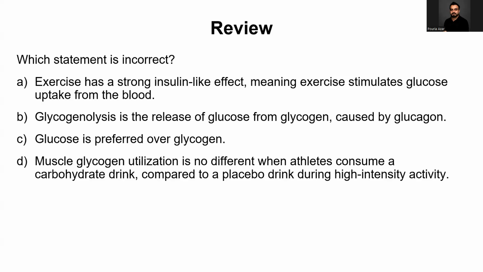Glycogenolysis, which means breaking down of glycogen, is the release of glucose from glycogen caused by glucagon. That's also correct. Glucagon is a hormone produced by the pancreas, and it causes glycogenolysis, specifically in the liver.